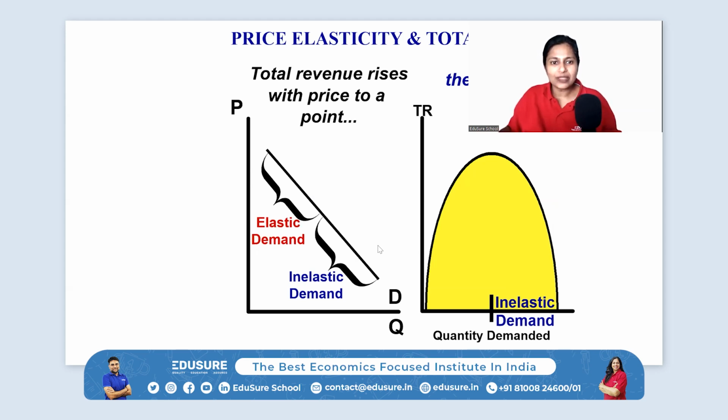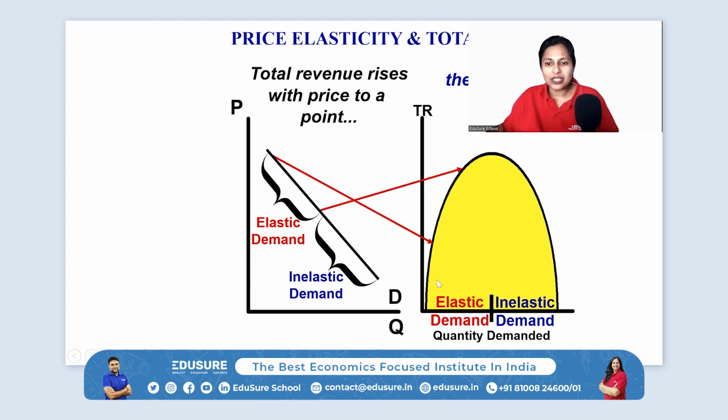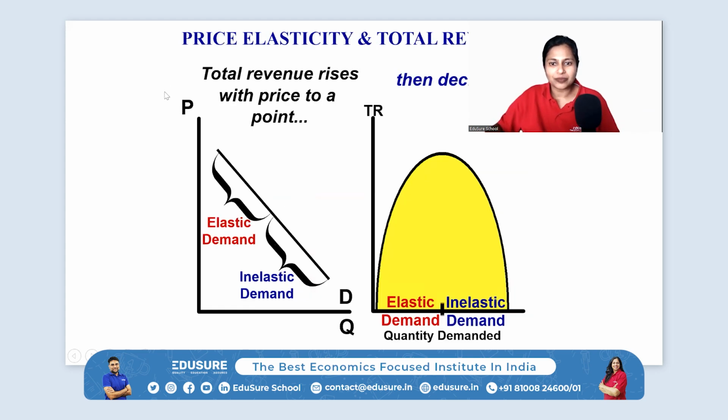We already know that along a demand curve, the lower side of the demand curve is inelastic, and the upper side is elastic by the midpoint, by the point method. This corresponds to the total revenue curve. The total revenue is highest at the midpoint.